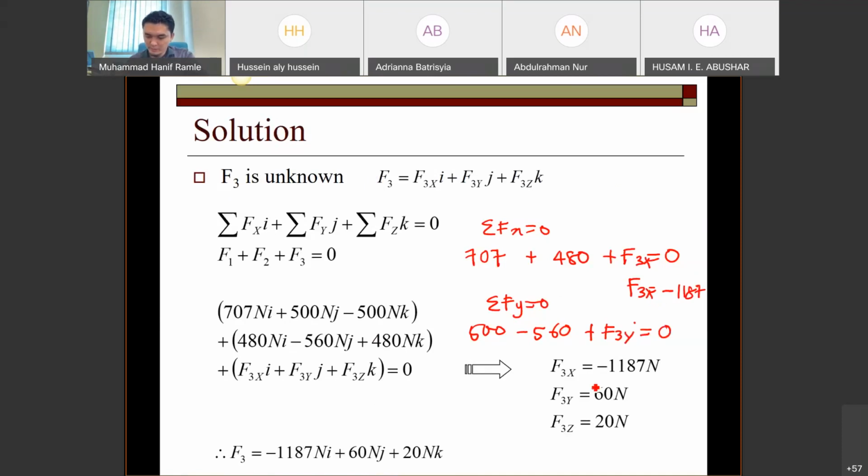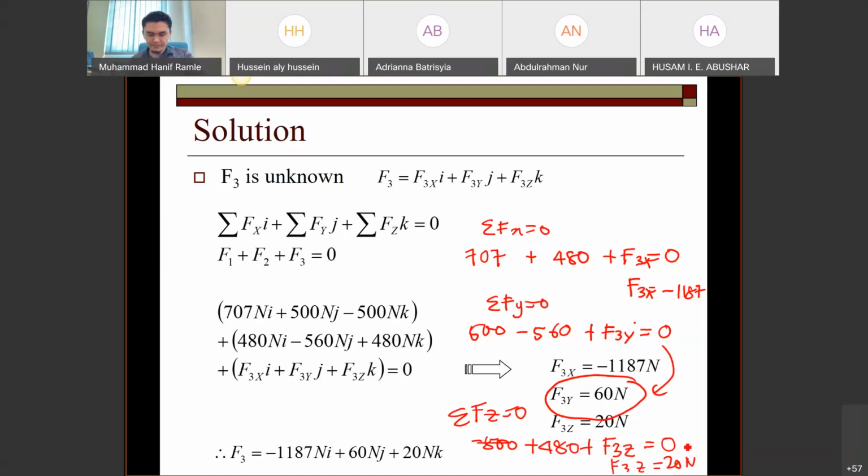You will get F3y. And the last one, of course, the sum of Fz must be equal to 0: negative 500 plus 480 plus F3z equal to 0. You will get F3z as 20 Newton.